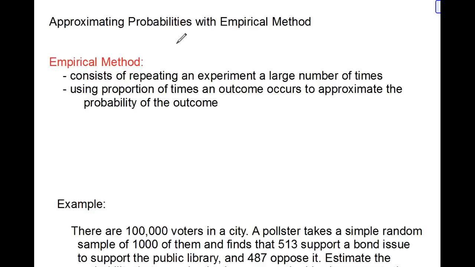The empirical method consists of repeating an experiment a large number of times. This way we have a large amount of data to look at, and we use the proportion of times an outcome occurs to approximate the probability of that outcome. So we predict things using this empirical method.